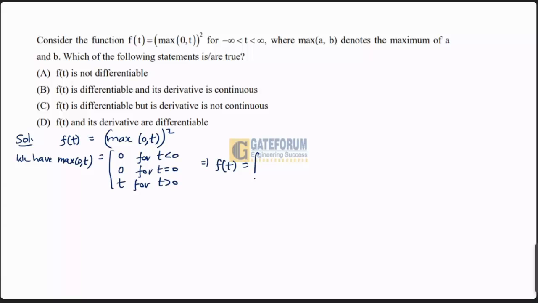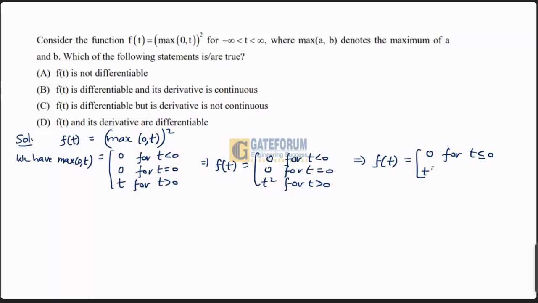So this is 0 squared, which is 0 for t less than 0, 0 squared is 0 for t equal to 0, and t squared for t greater than 0. From this, t less than 0 and t equal to 0 have the same function value. This can be written as 0 for t less than or equal to 0, t squared for t greater than 0. This is the final function.